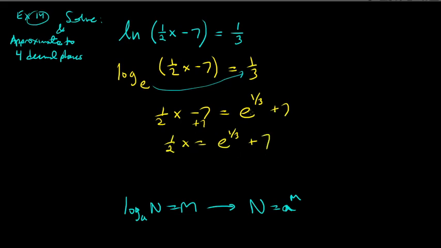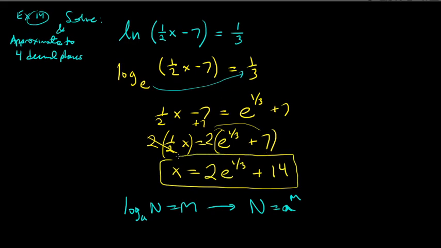Don't add the 7 to the 1/3. The 7 is not in the exponent. All right, and then just multiply both sides by 2. So that cancels the 1/2. So you get x equals, we can distribute the 2 here, so 2 e to the 1/3 plus 2 times 7 is 14.